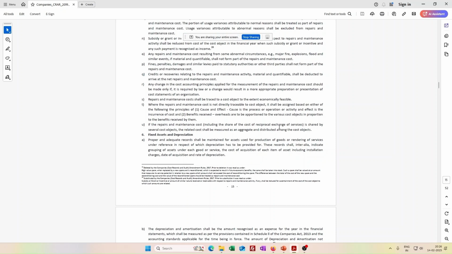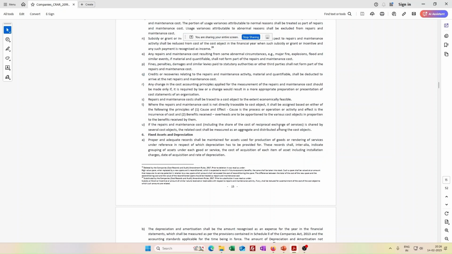So for fixed assets and depreciation, you have to keep the data. In the ordinary course of business, the company is keeping all these records, so there will be no additional record to keep. Some companies adopt depreciation as per financial accounts, and some companies adopt different methods as per the Income Tax Act. It depends upon the cost accounting policy of the company.